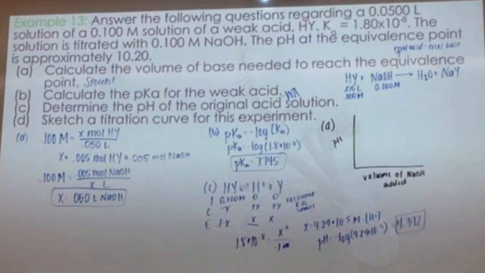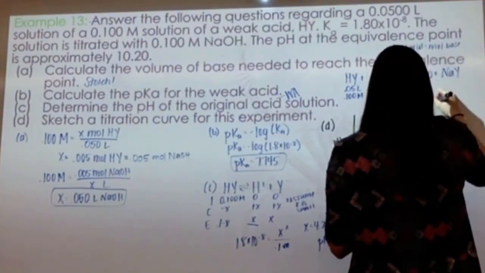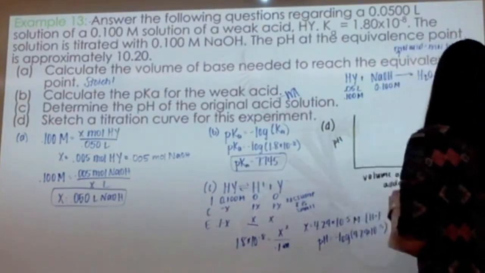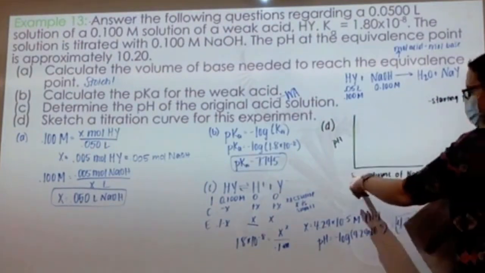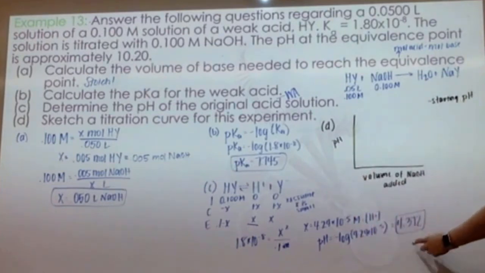Now, some things we want to think about when we are sketching a titration curve. We want to think about the starting pH. I'll kind of write this off to the side and then we'll fill it in. The starting pH is before any NaOH was added. So when volume of NaOH added is 0, we can think about our starting pH. Our starting pH was the initial pH of the acid.